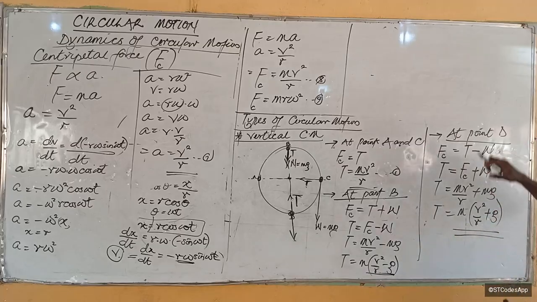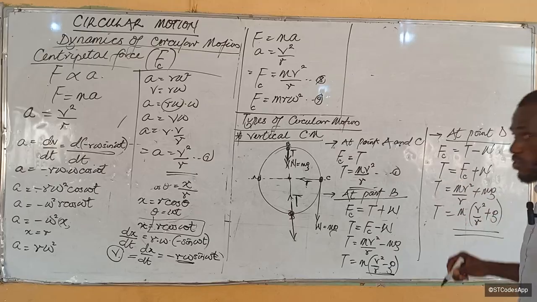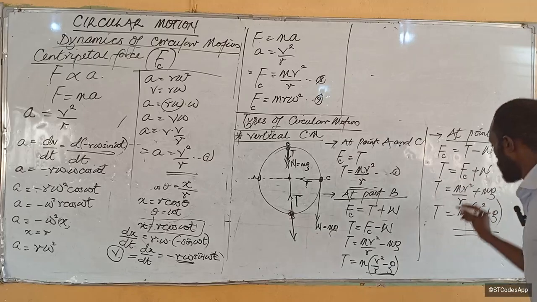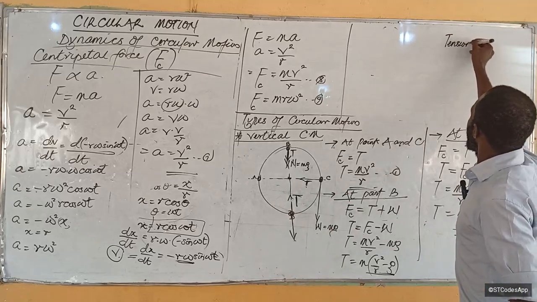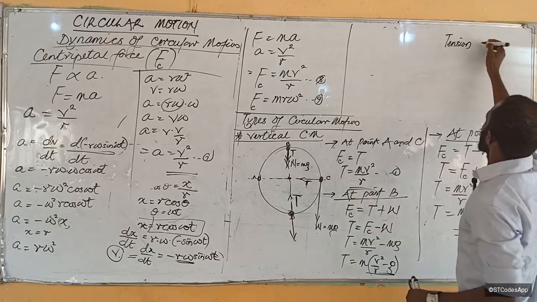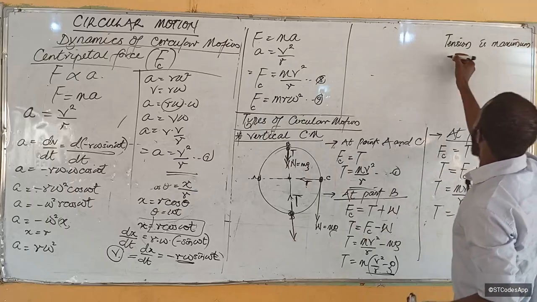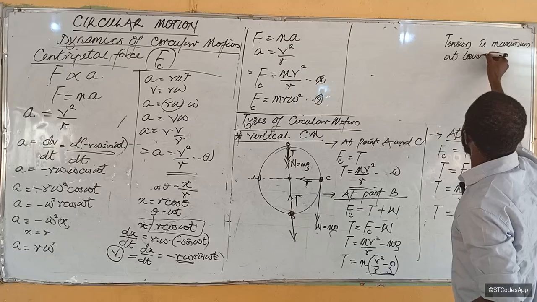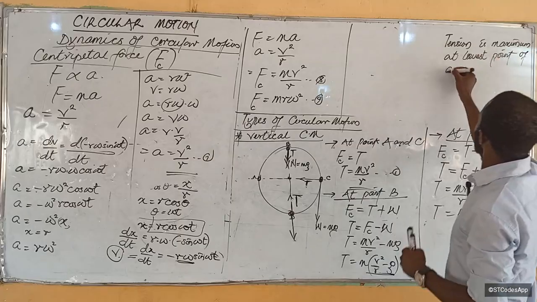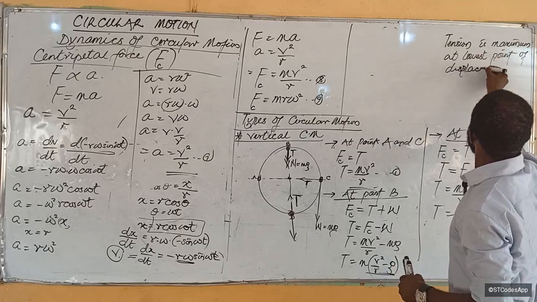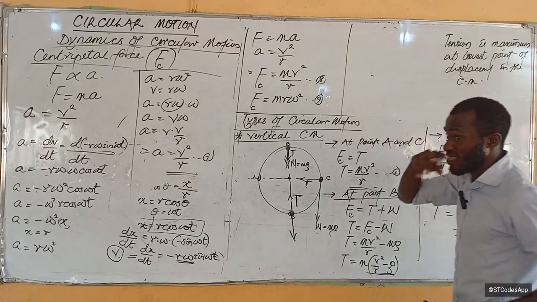That tells you that the tension is maximum at point D. So the tension felt on the string is always maximum for vertical circular motion. Tension is maximum on the string at the lowest point of displacement in the circular path.